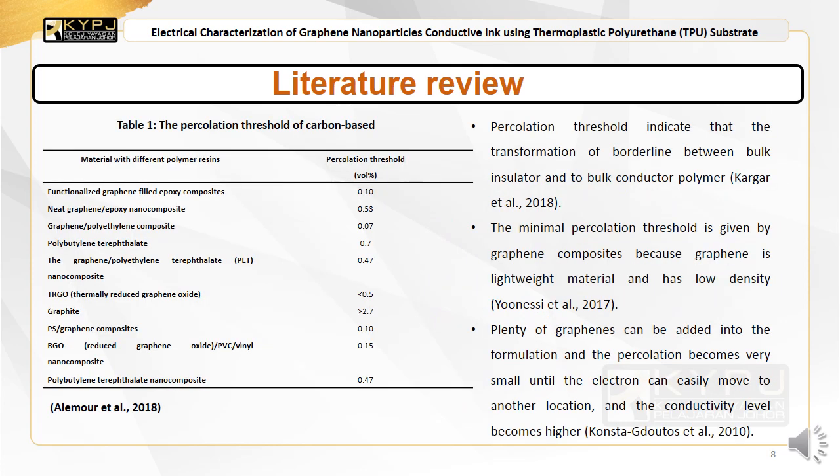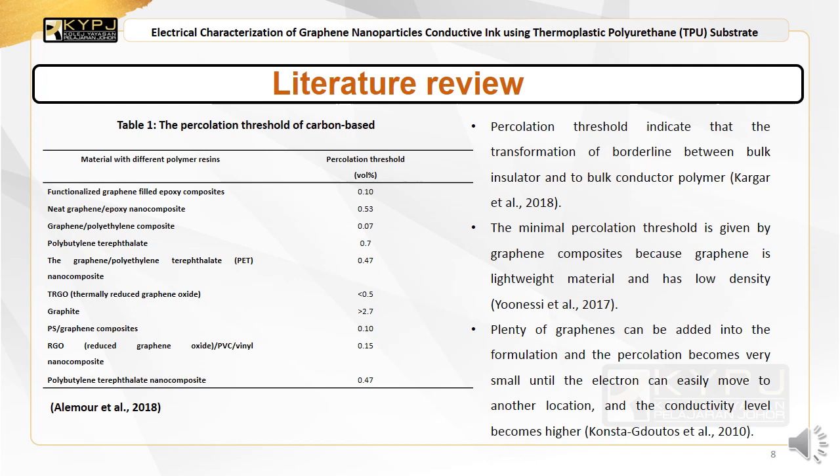Table 1 shows the percolation threshold of carbon-based materials reinforced with different polymer resins. Percolation threshold indicates the transformation at the borderline between bulk insulator and bulk conductor polymer. The minimum percolation threshold is given by graphene composites because graphene is a lightweight material and has low density.